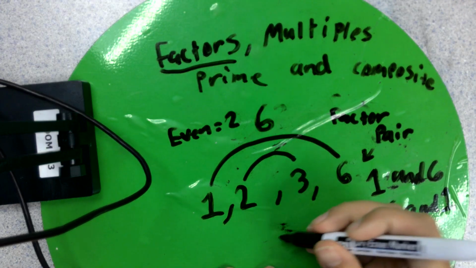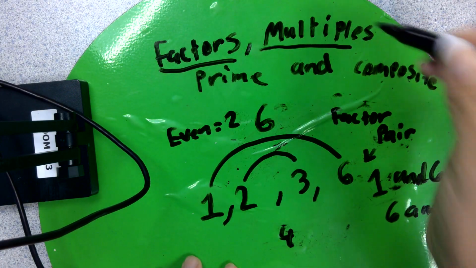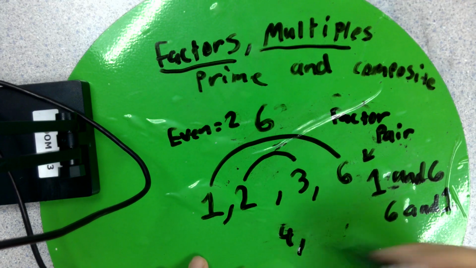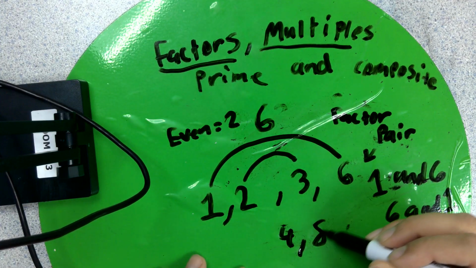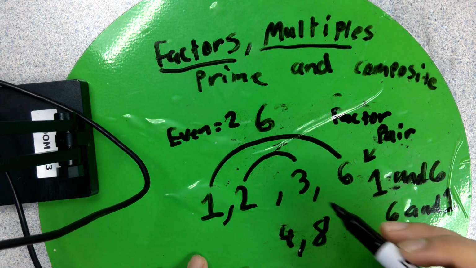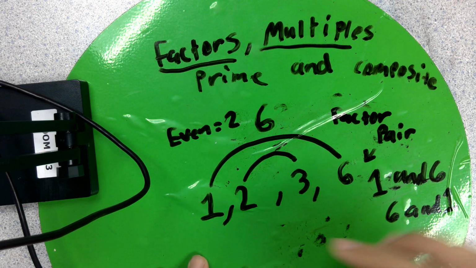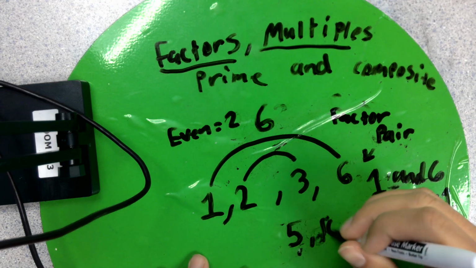Now I'm going to test, can a 4 make a 6? I'm going to use multiples of 4, which is basically skip counting. So if I go 4, 8, oh wait, I see that 8's already more than 6. So it's looking like, guys, maybe I try 5. 5, 10, 15.